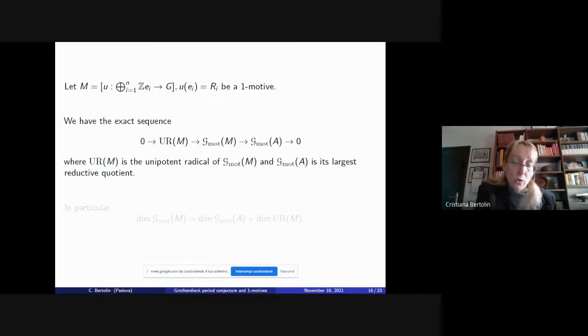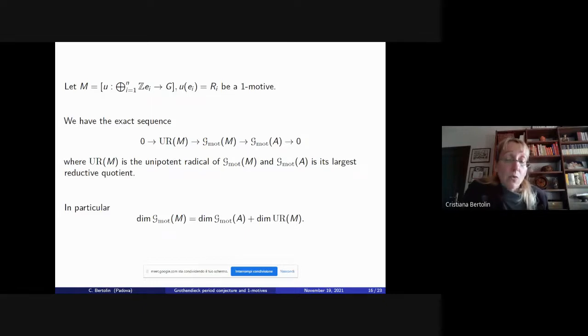So this is the usual short exact sequence, you have the reductive part and then the unipotent part. And this means that the dimension of the motivic Galois group should be the sum of the dimension of the motivic Galois group of A plus the dimension of the unipotent radical of M.